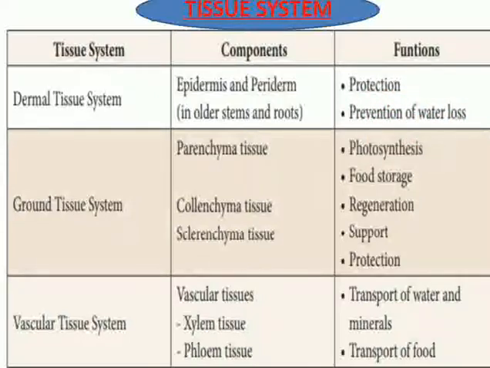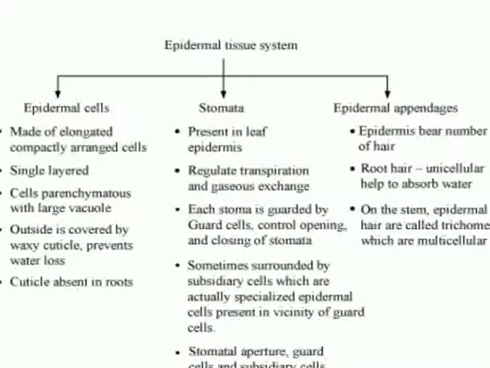Similarly, ground tissue system, which consists of parenchyma, collenchyma, sclerenchyma distributed anywhere in the plant body and meant for diverse type of functions such as photosynthesis, food storage, regeneration, support, protection, etc. Vascular tissue system, which consists of xylem and phloem, is actually meant for the transport of water, minerals and food respectively. Let's consider these tissue systems one by one, starting with the epidermal tissue system.